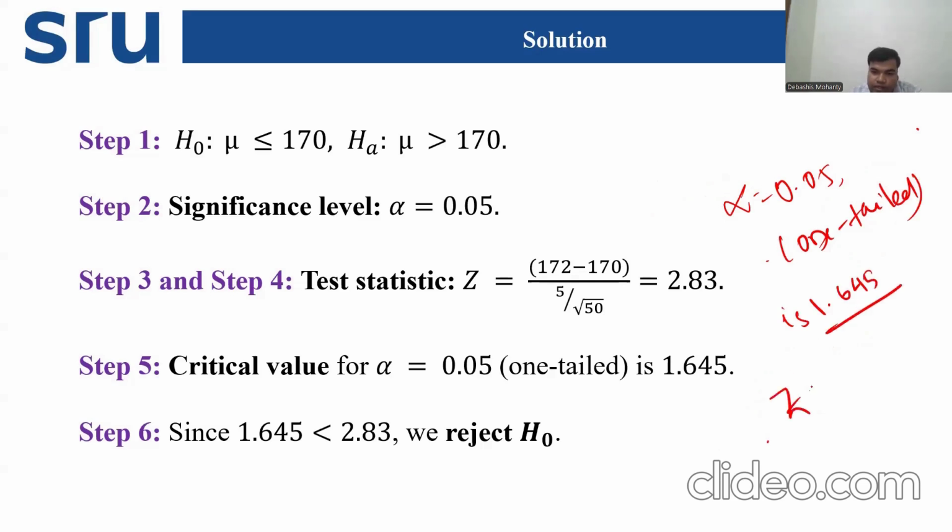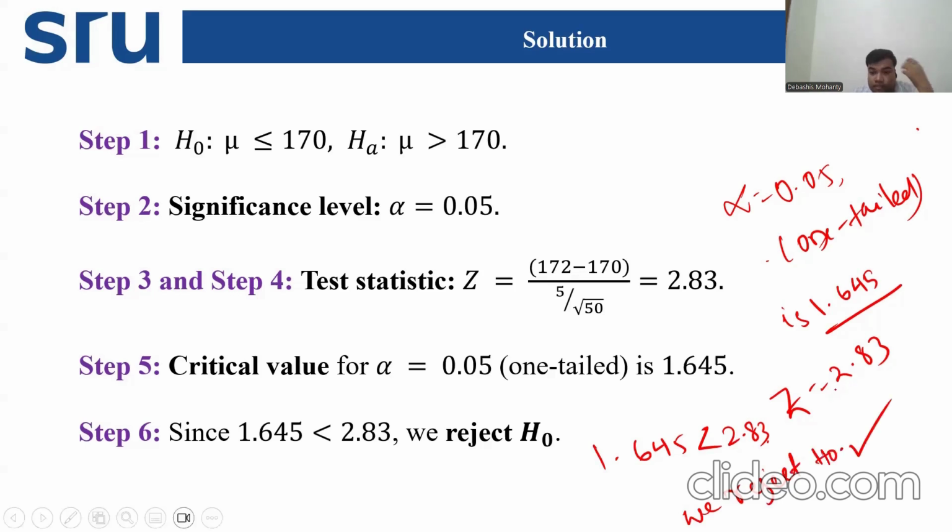And the Z value is 2.83. As 1.645 is less than 2.83, we reject the null hypothesis. Directly, we reject the null hypothesis. So it is a one tail problem.